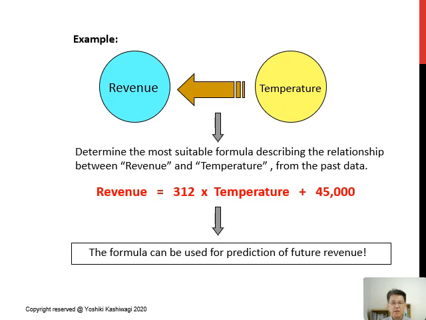Here is an example of the output formula from the regression analysis. Revenue equals 312 times temperature plus 45,000. Now you get the formula between the two parameters, in this case revenue and temperature.